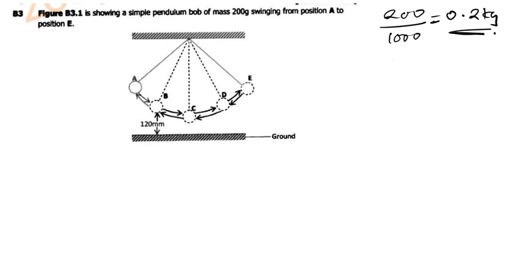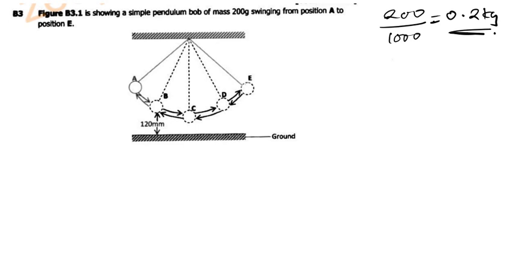Figure B 3.1 is showing a simple pendulum bulb of mass 200 grams, that is 0.2 kgs, swinging from position A to E. Now what I want you to understand is that from position A all the way to E and back to A, that is one oscillation. That's how we count.